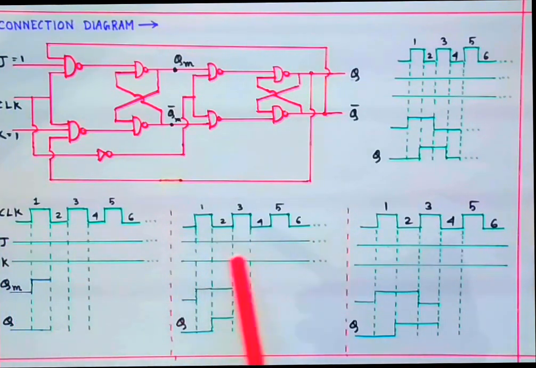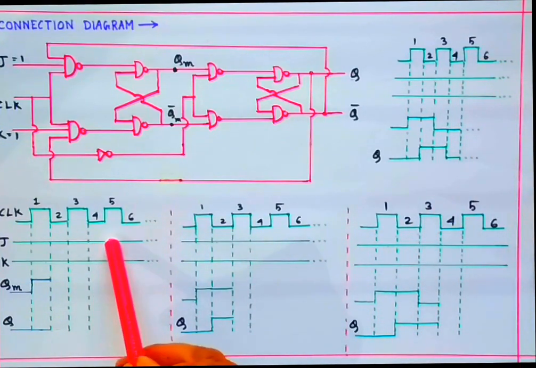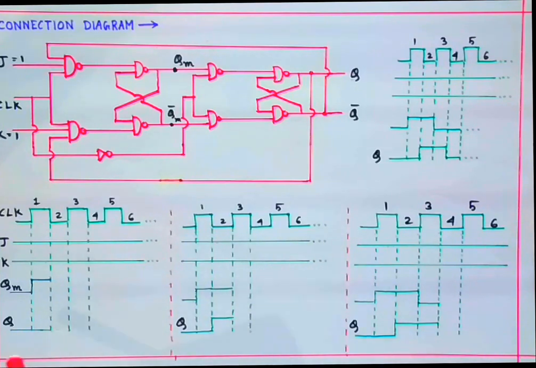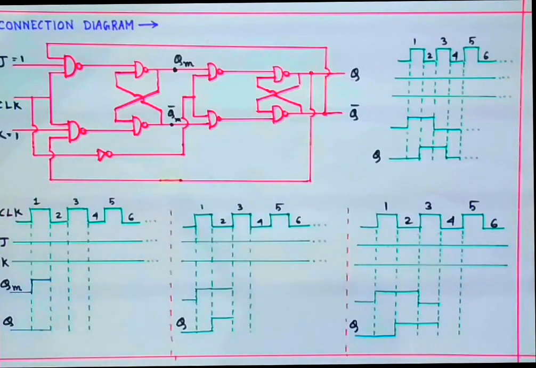That means J and K inputs will remain unchanged here. So the first stage is we are taking only this high portion of this clock. So what will happen in this situation? Also we are assuming that the initial state of Q is 0.